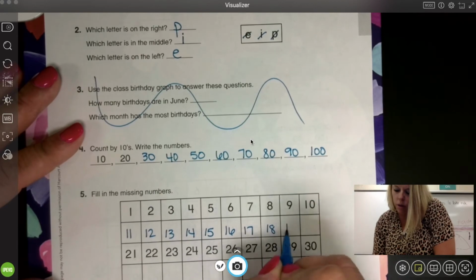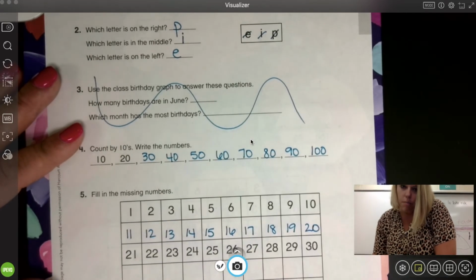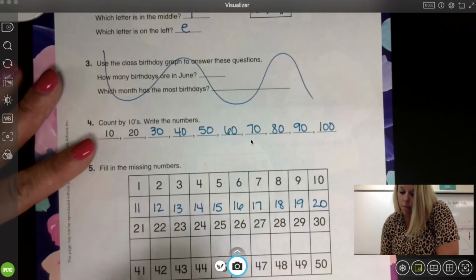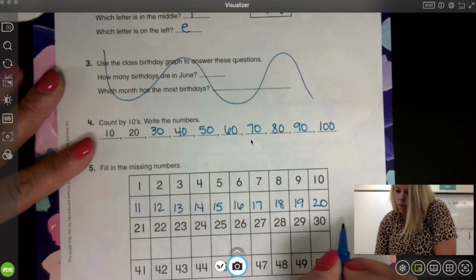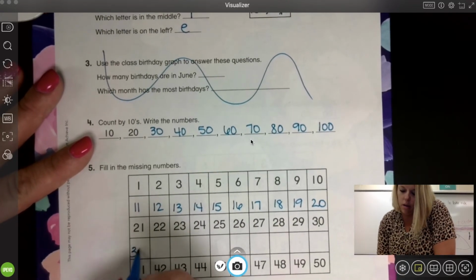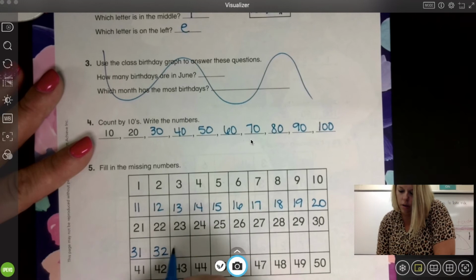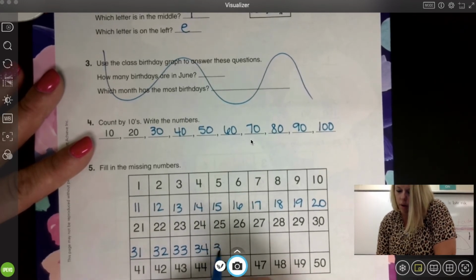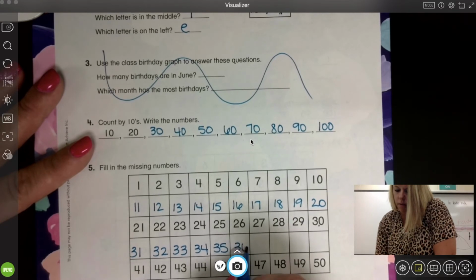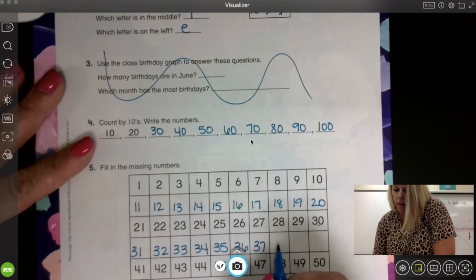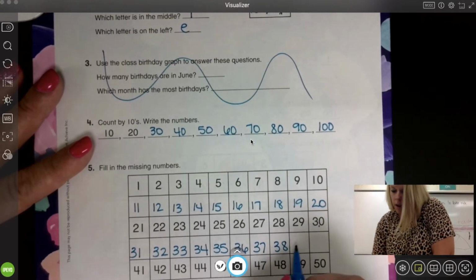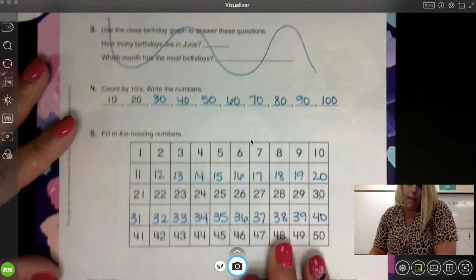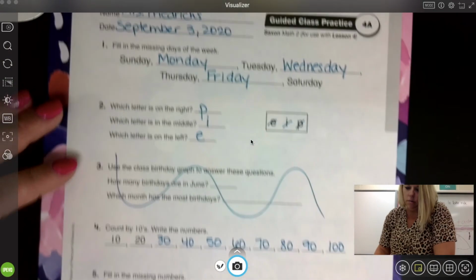Please make sure that your numbers, your digits are in the right order for the number. This is the row of the 20s. Here's 30, 31, 32, 33, 34, 35, 36, 37, 38, 39, 40, and the last row is also done for you.